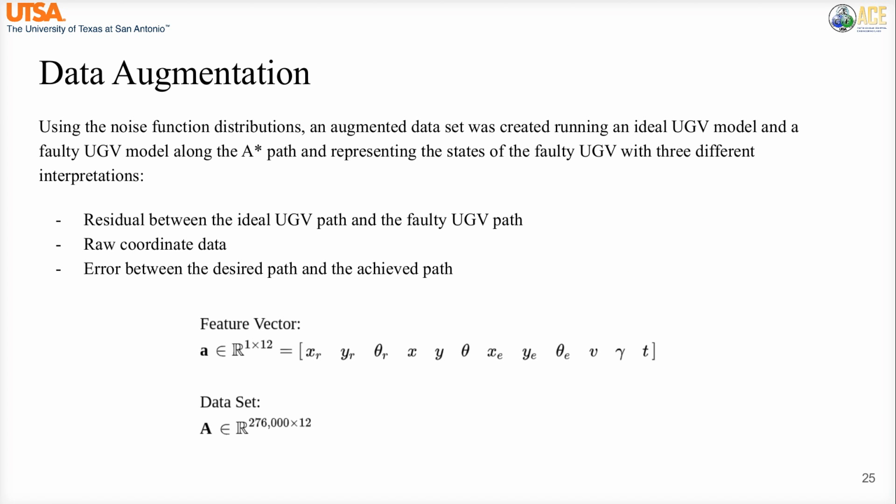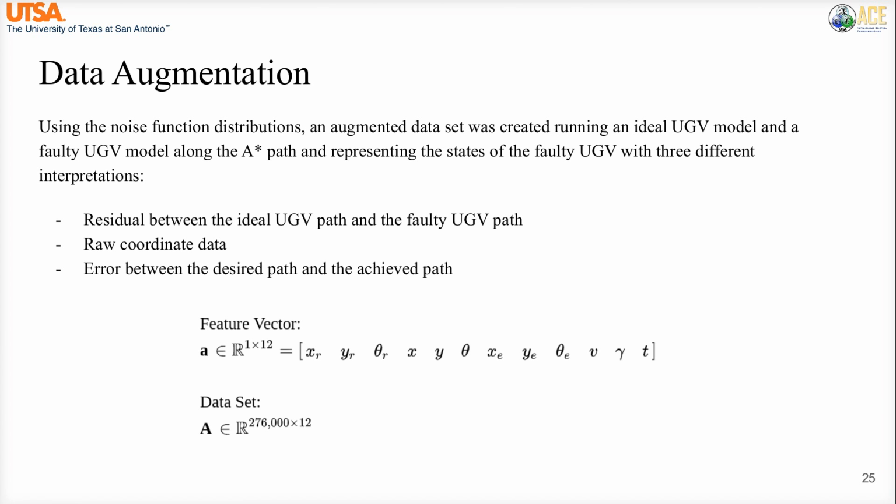So before I actually get to training, I needed to create a new data set, because the idea with the LSTM fault diagnostic prediction model is that I need to predict what the fault is under closed loop control. So I needed to record a new data set that had multiple interpretations of the state trajectory.